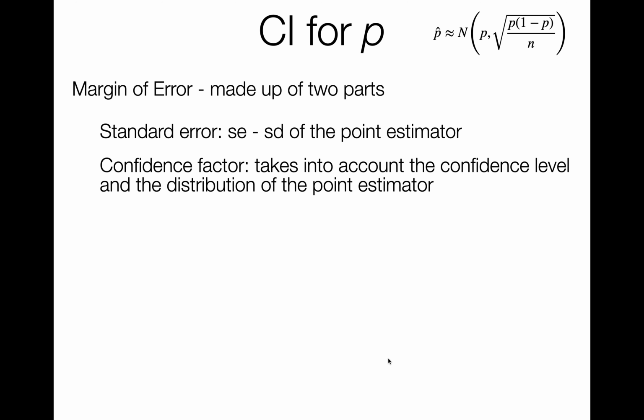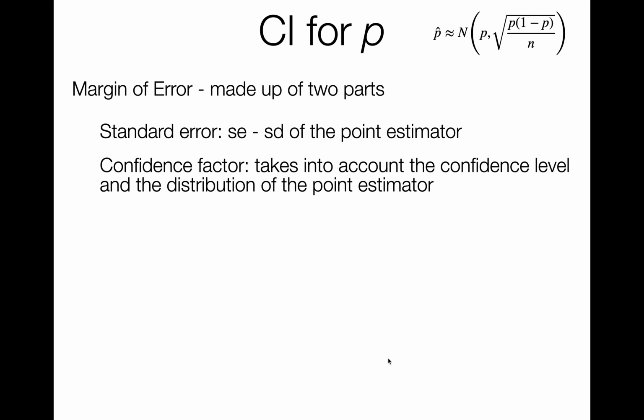This confidence factor is very important because it takes into account the confidence level for your confidence interval and the distribution of the point estimator. So it's got to take into account that P hat is approximately normal and whatever confidence level we choose, 90%, 95%, 60%, and so on.